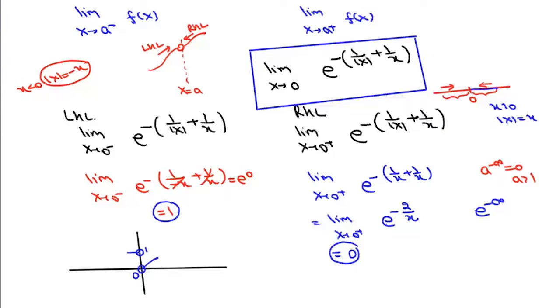So in this case, we have different values for left hand limit and right hand limit. So this is how left hand limit and right hand limit, one-sided limits are defined.